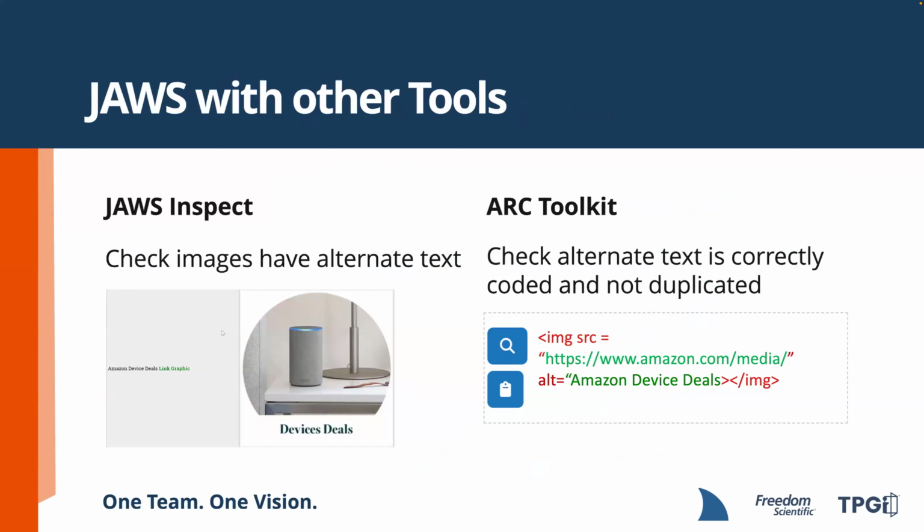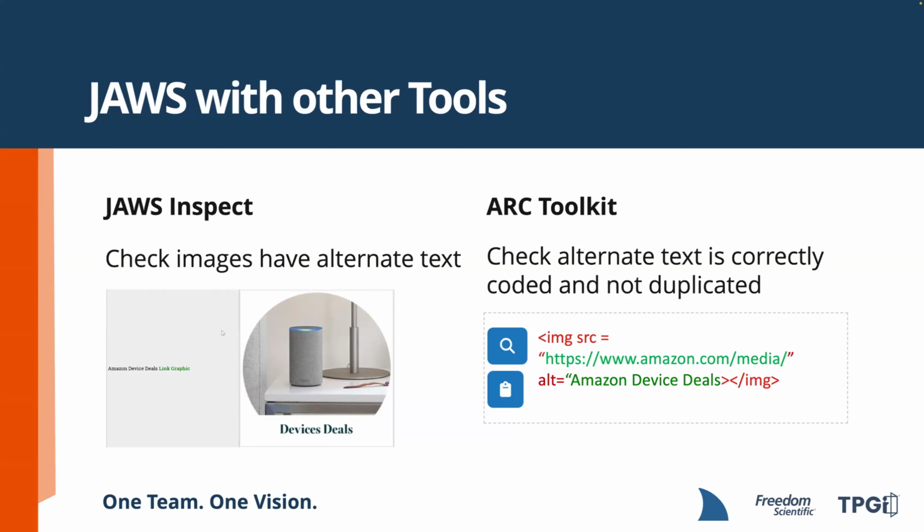Here's an example of JAWS Inspect with other tools. For instance, with JAWS Inspect, looking at alternate text for images, we've got the example again from the Amazon website of the image and Amazon device deals link graphic. That helps us check the alternate text descriptions for images and make sure that they're adequate and people understand them.